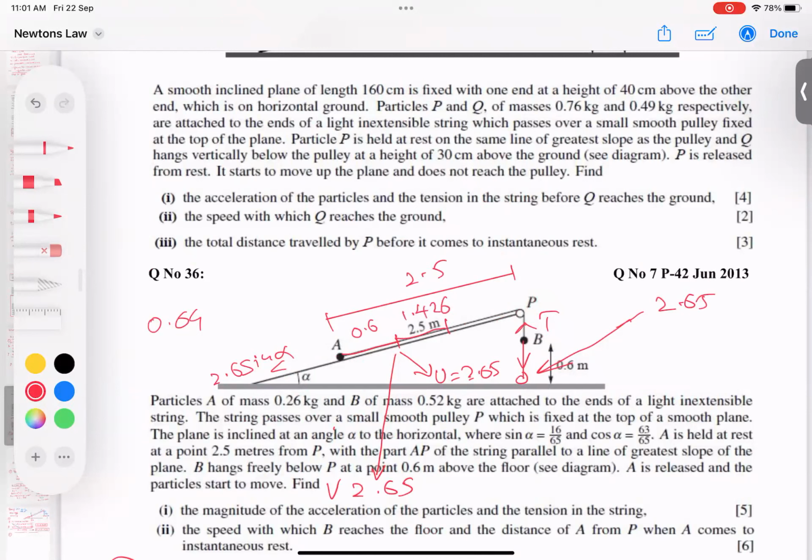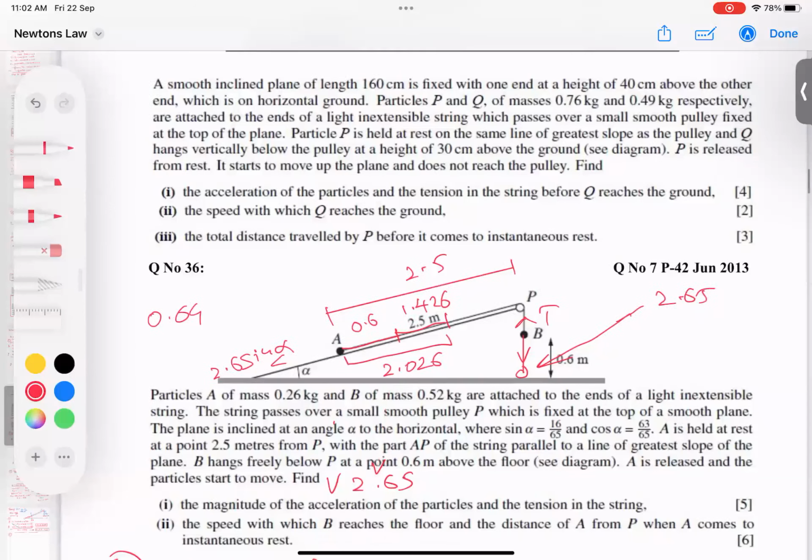If I add them, 1.426 plus 0.6, the distance traveled is 2.026.